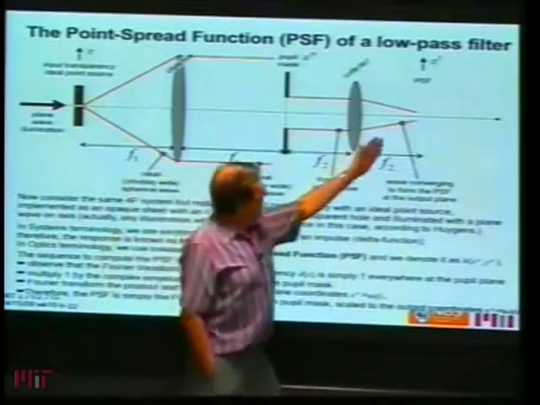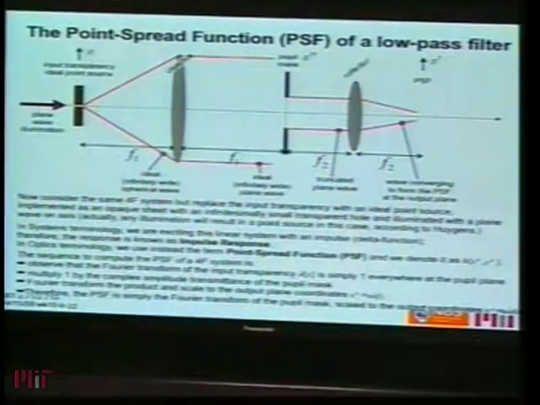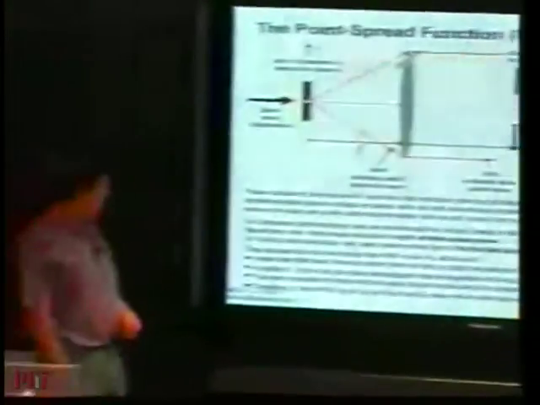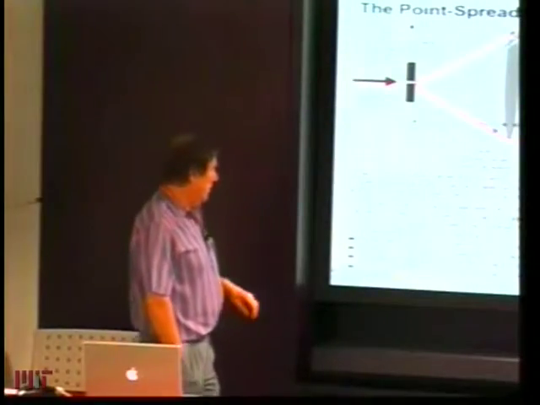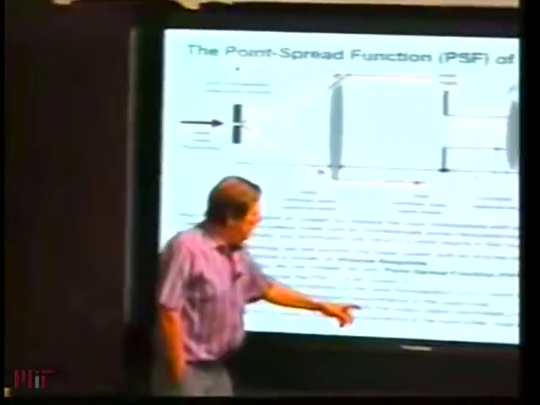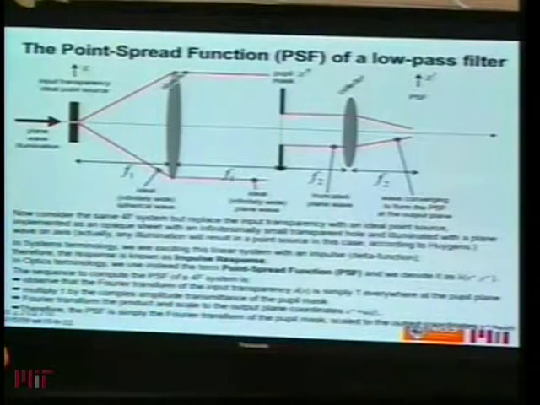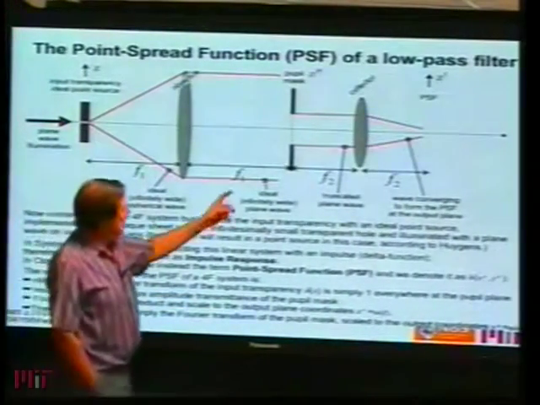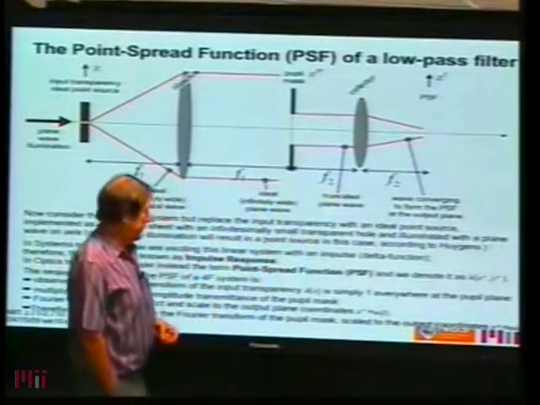So what we get in the final plane, the image of a point object, is the Fourier transform of the pupil mask. We have to be careful how we scale things, and the scaling is going to depend on the relative sizes of F1 and F2 as well, of course.